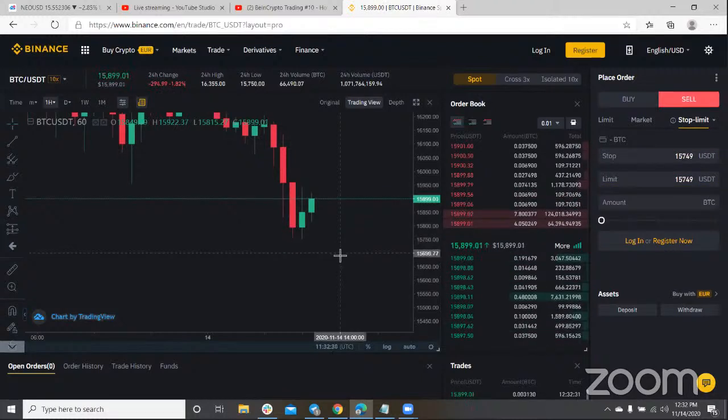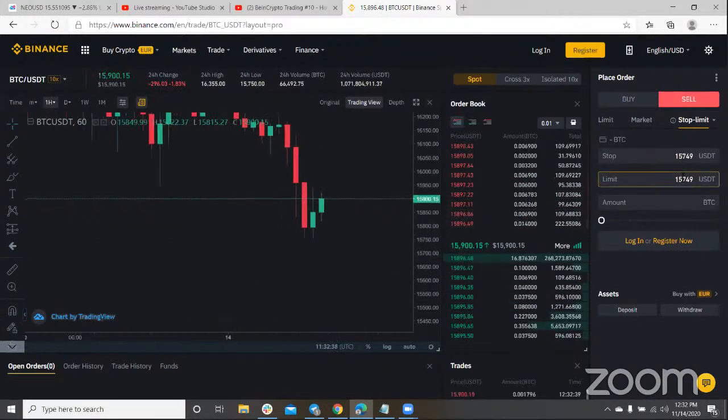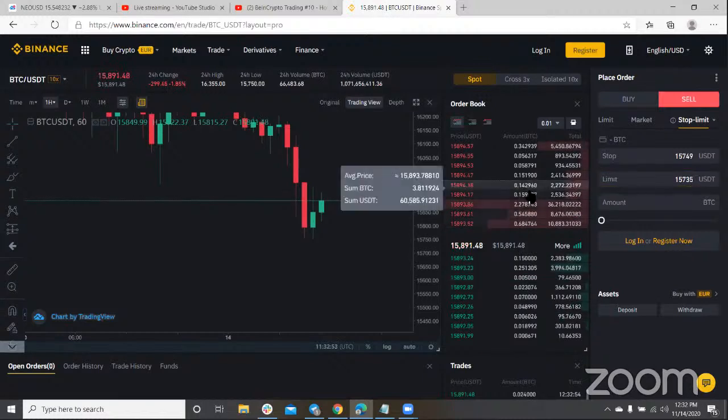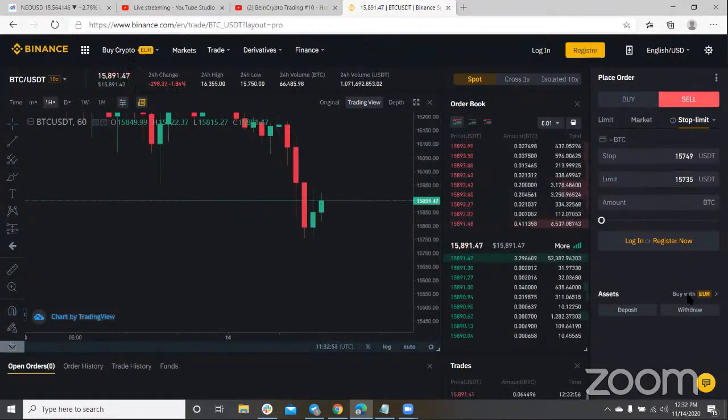Now, the risk of doing this is that the price can go below your order and not trigger it. So say that I put this lower at 35. As soon as the price breaks down from here, so it only needs to reach one tick below 15,749, an order will be placed in the queue for 15,735.